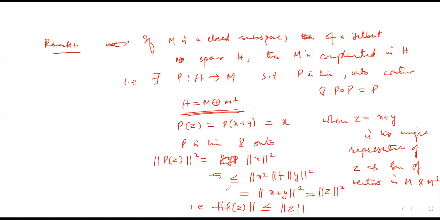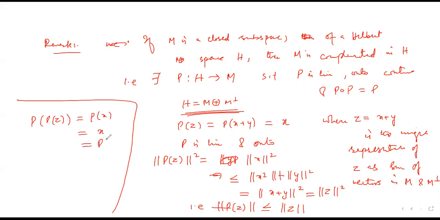It's a bounded linear operator. Furthermore, of course it is a projection because P of z is equal to P of x, which is equal to x, which is equal to P of z, for all z belonging to H, which means P composition P.